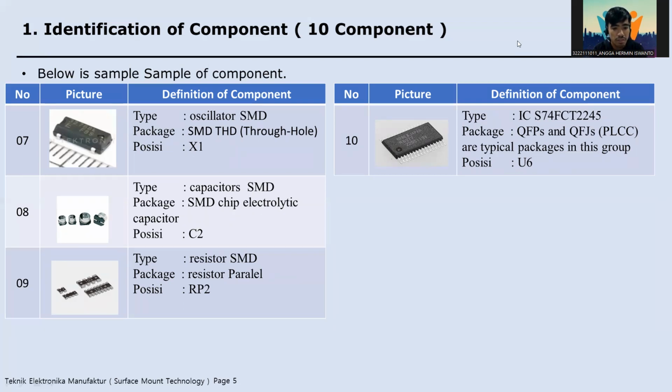Next, type resistor SMD, packaging resistor parallel, position RP2. Next component, type IC, S74FCT2020 45, packaging QFP typical packaging, position U6.